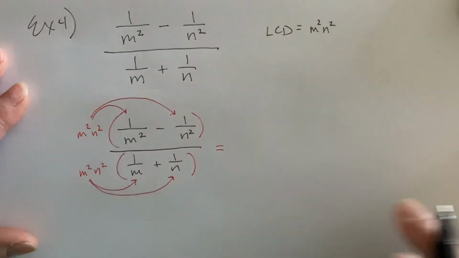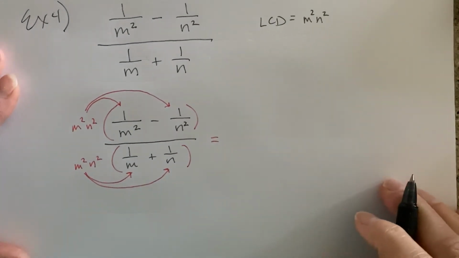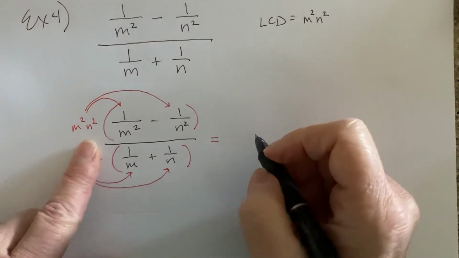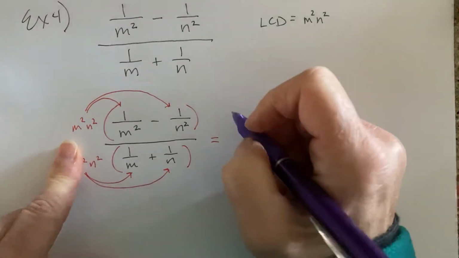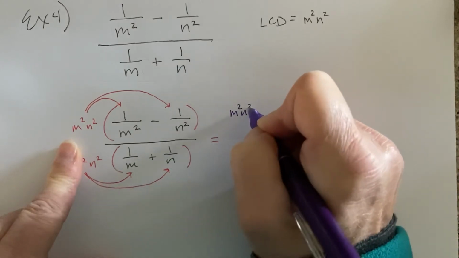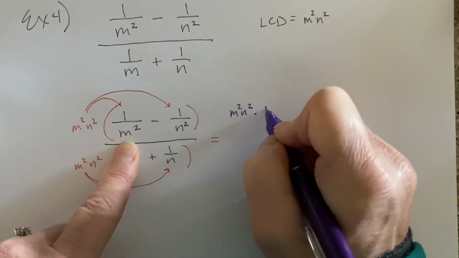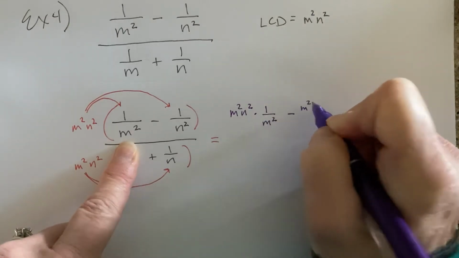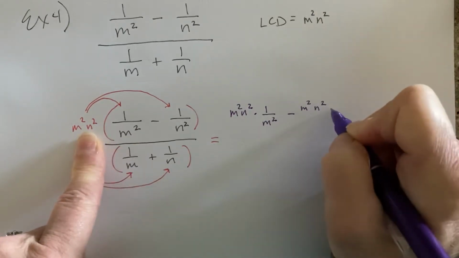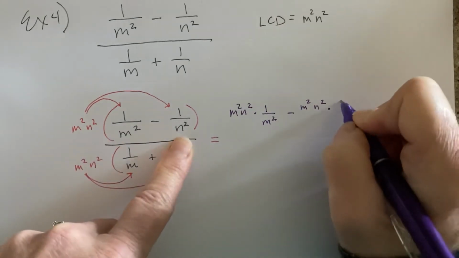Again, I'm going to write out all of my steps. You know I like to do that. I don't like to skip steps when I'm first looking at something. So now I have m squared n squared times the first one, m squared n squared times the second one.